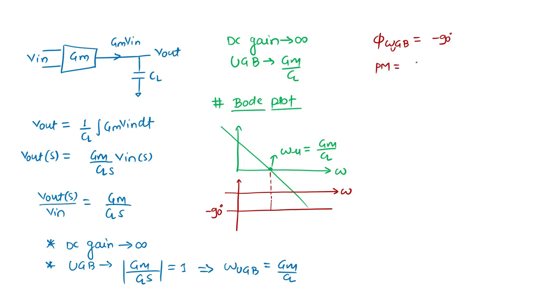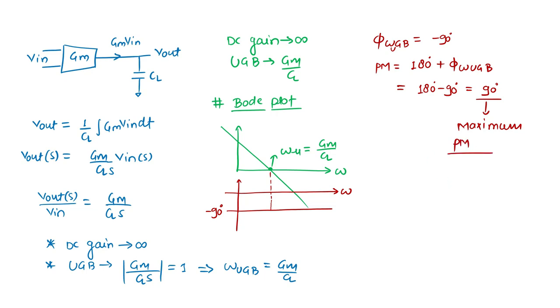Phase margin is 180 plus phi at omega UGB. So it is 180 minus 90, which is equal to 90 degrees. So it is the maximum phase margin possible for the first order system.